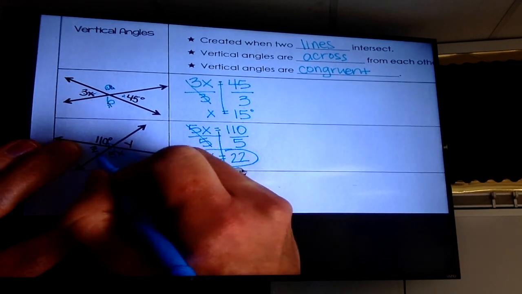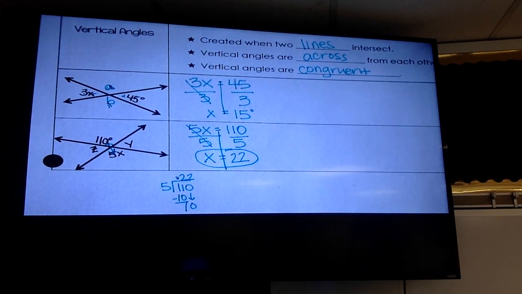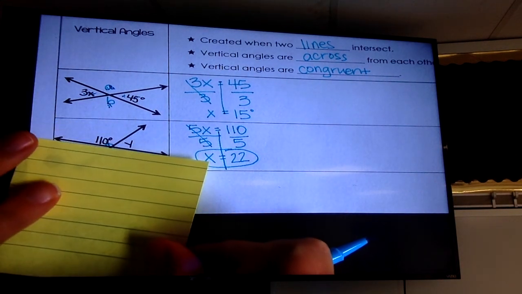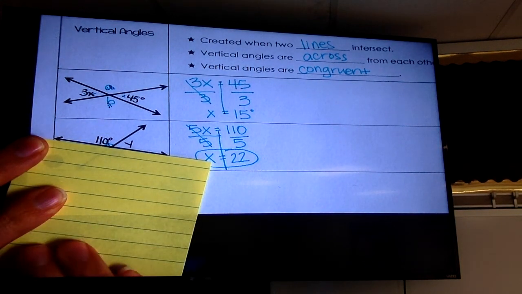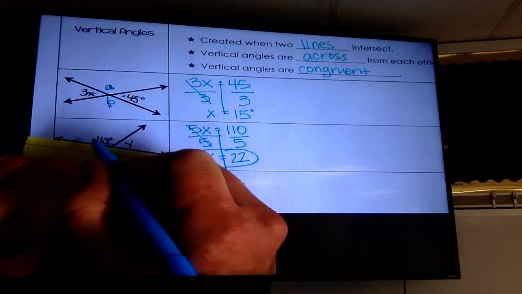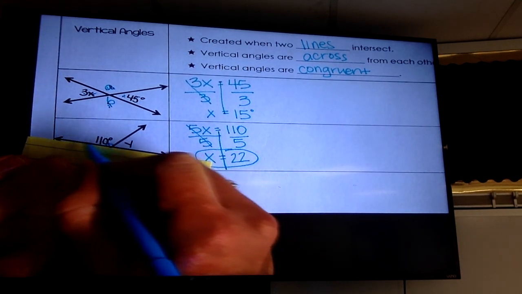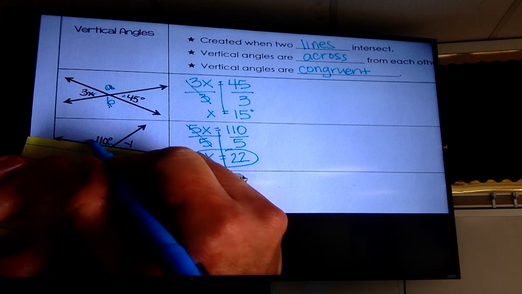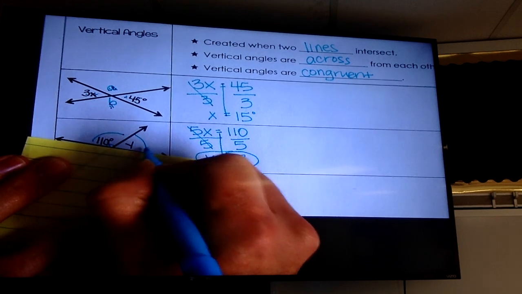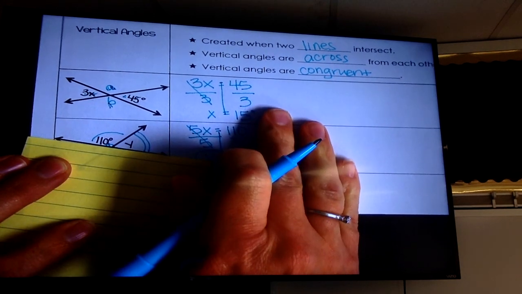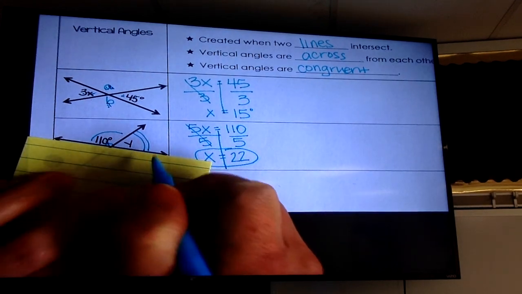Okay, I also need to figure out y and z. So just like in the previous video, sometimes having a Post-it note or a spare sheet of paper is handy, and I'm going to cover up part of this diagram here. And when I do that, I see that a straight line is right here. And now I have a set of what we call supplementary angles, two angles that create a straight line.